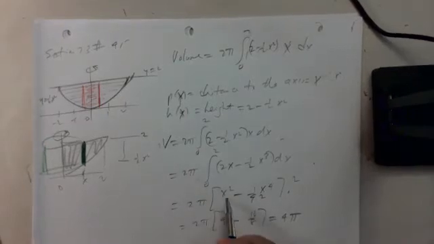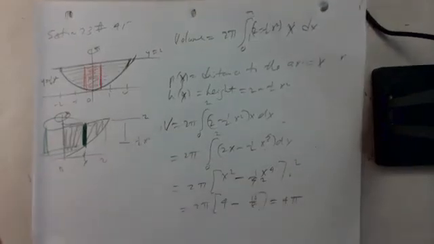That's x squared minus x to the 4th over 8. So we get 4 minus 2, which is 2, times 2 pi is 4 pi. So the first step is to find out the total volume, and it seems to be 4 pi. Is there a question about that?